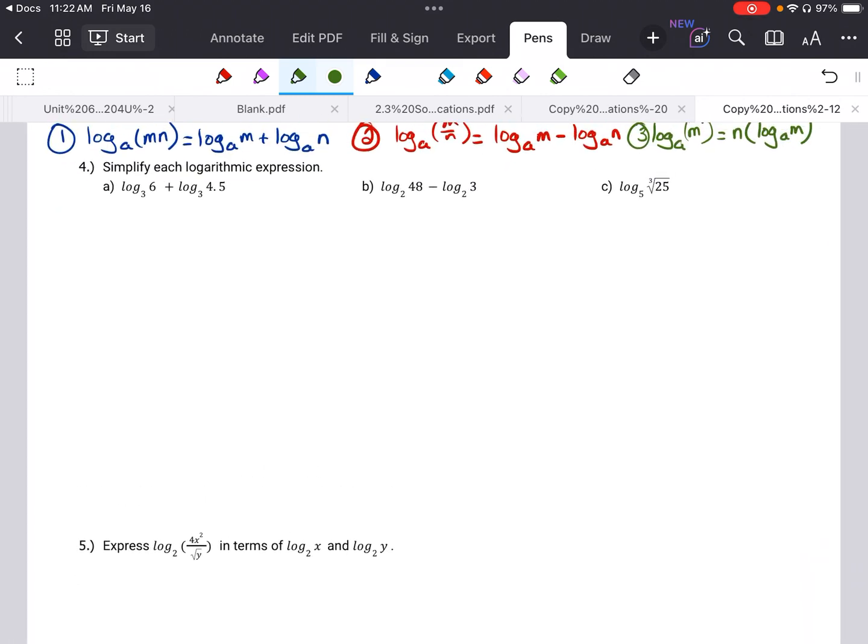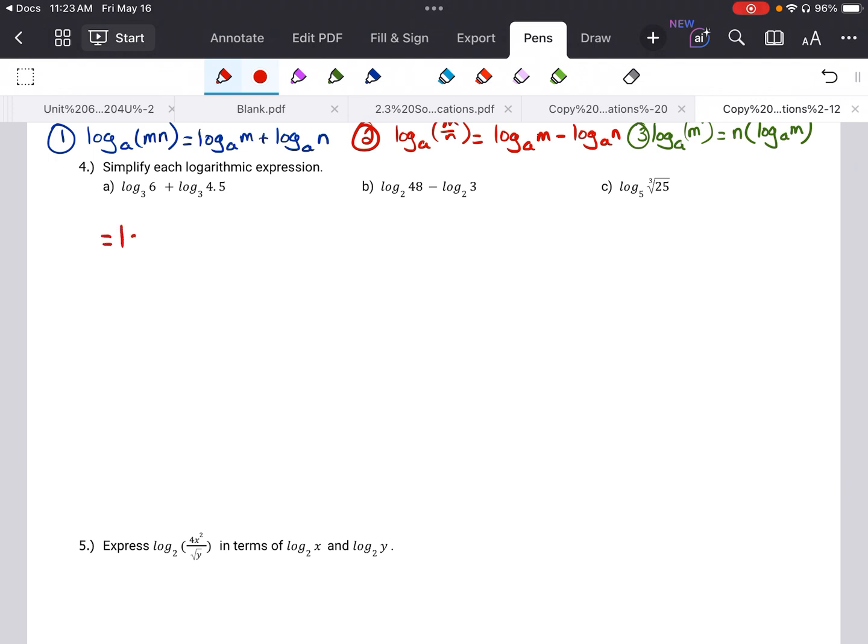Let's calculate some. So number 4, simplify each log expression. So we have log base 3 of 6 plus log base 3 of 4.5. So we have the same bases. We're adding, so we're going to work backwards here. The only one of our three laws at the top that has log something plus log something is law number 1, and we're doing it the backwards way.